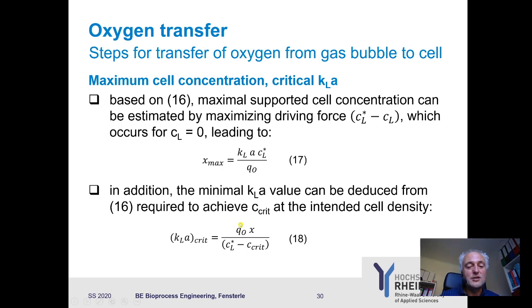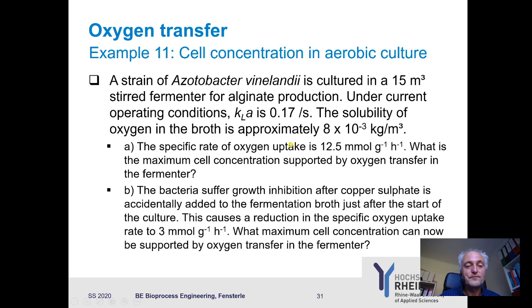I have my Q0, and I can calculate what is the KLa value I have to minimally reach in order to still support this growth. So you can do two things. You can first of all look at what is the maximum biomass concentration if I have my given KLa, or you can say I need to go to a certain biomass concentration. I know that I have this critical oxygen concentration in my liquid. So what is the KLa I need to achieve in my system? And then you can optimize your system in order to see whether you get to this KLa.